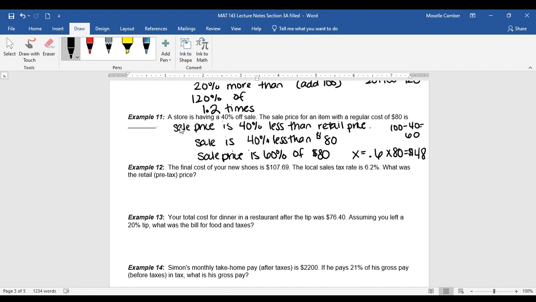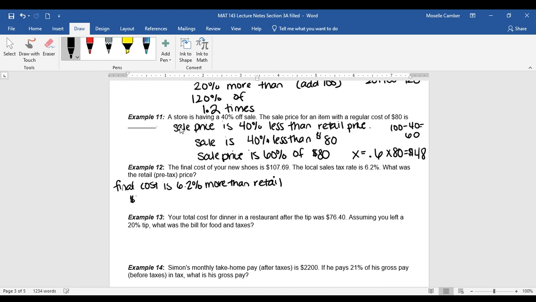So to figure that out, we can say that our final cost is going to be 6.2% more than the retail cost. All right? So tax is 6.2%, so it's going to increase it by 6.2%. So we know what the final cost is.